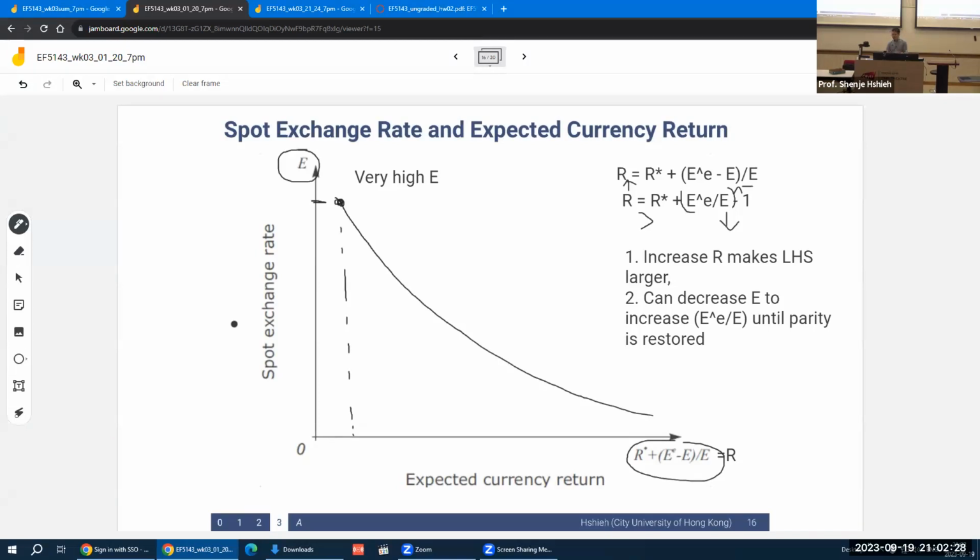If you print a lot of money, your money is worth a lot less than before. And a high E represents a very diluted currency. So that's the intuition: very high E, very low interest rate. This is a high E, low E, very low E.